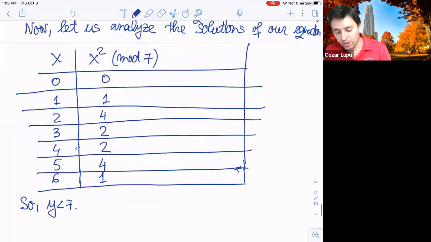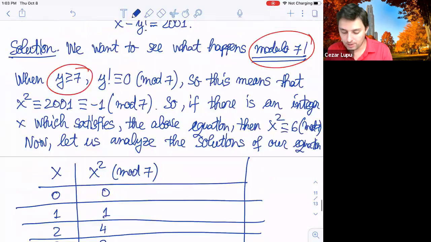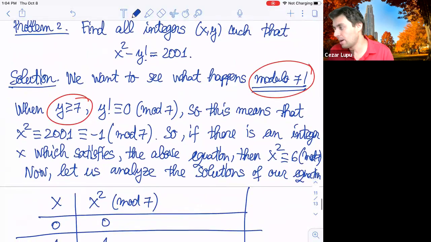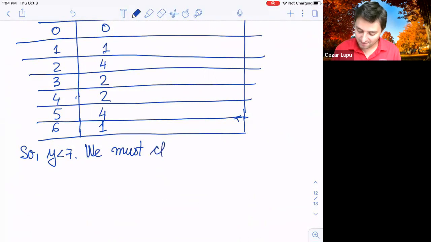And what do we know? Now we can check the cases. So we must check the cases and see which one works.